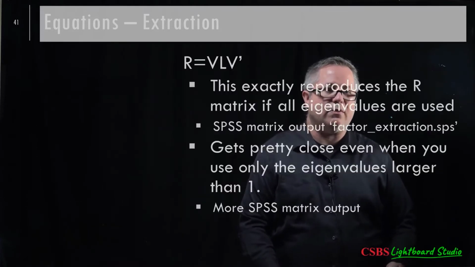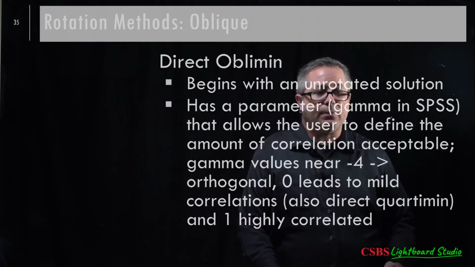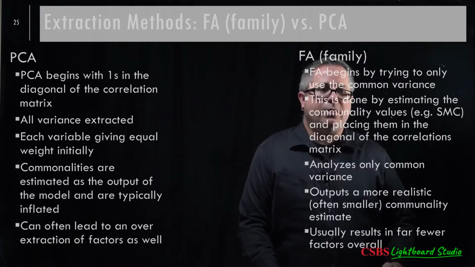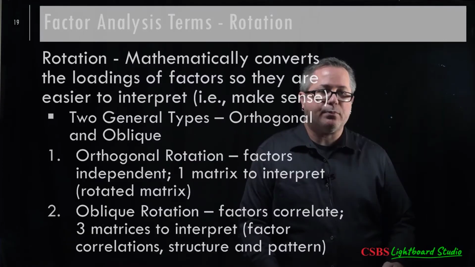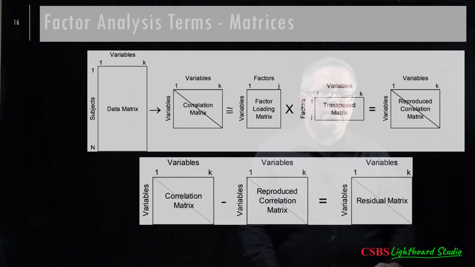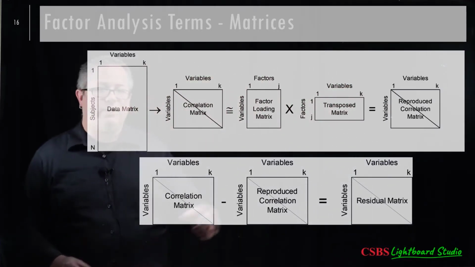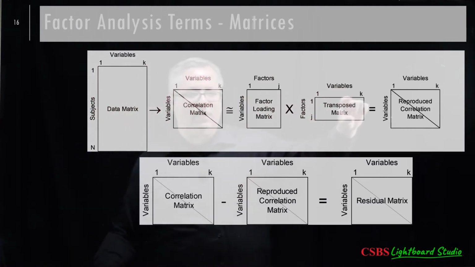Now we already saw this. I didn't say it with equations, but we were looking back at, this is actually quite a while ago, those matrices that I first introduced to you way back on slide 16 in this lecture. We said that if I take the factor loading matrix and multiply it by its transpose, I can reproduce the correlation matrix, right?